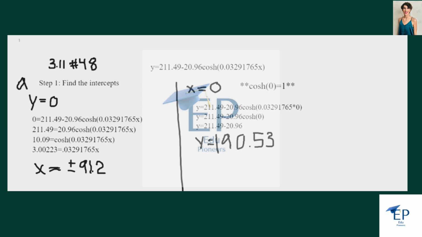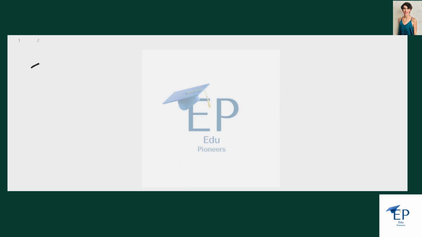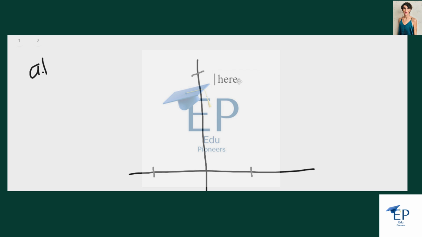Okay, so here are our intercepts. This is part A continued. We're still working on our graph here, on the coordinate plane. We have the tip of the arch, which is going to be our y-intercept, and we have our two x-intercepts down here. We know our top one was 190.53. That was our y-intercept. That's going to go at this point right here.